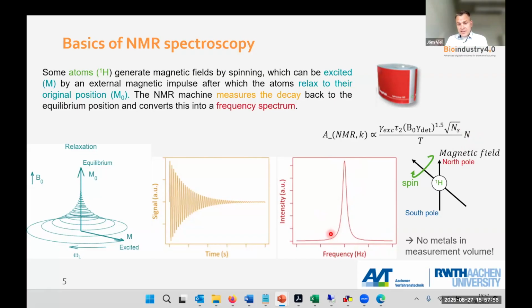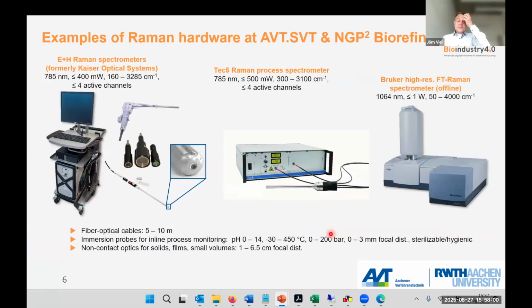A similar technique in terms of quantification, but much more interesting, is Raman spectroscopy. Here you see some examples of Raman hardware that we are using. For instance, from Kaiser Optical Systems, now Endress+Hauser, Tec5, Bruker. The first two are mobile and can be applied directly.